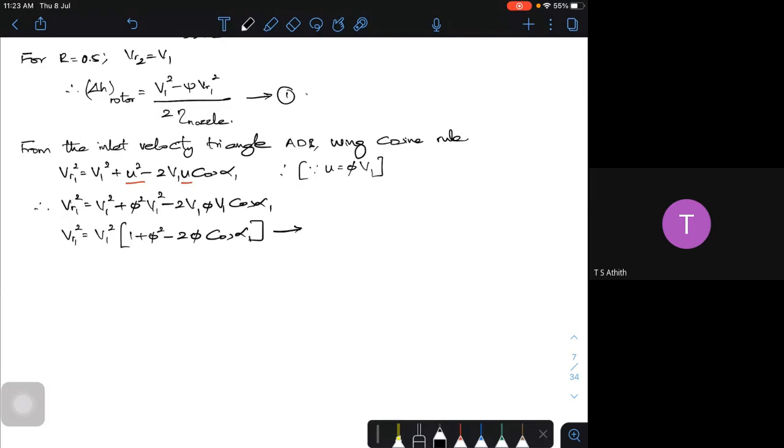I'm going to call this equation number 2. Maybe a few things are repeating. Now I'm going to substitute this VR1 square in equation 1.